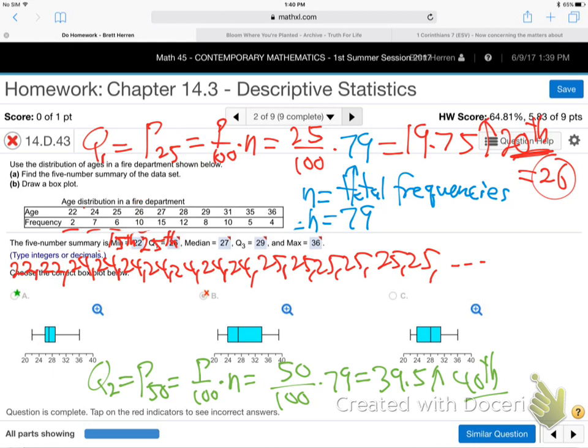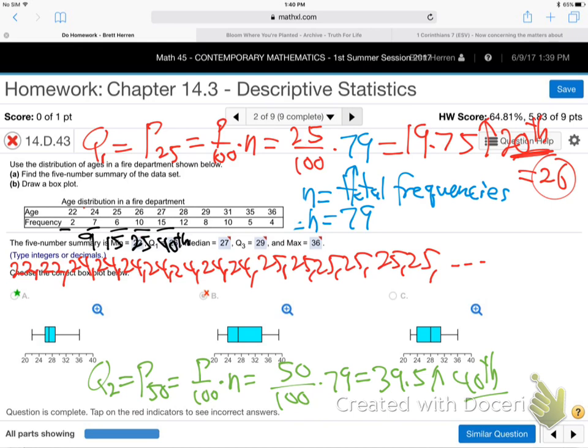Well, we go back to the frequency chart, right? You just add them as you go on the frequency chart. Here's 2, add 7, that's 9 numbers, add 6, that's 15 numbers, add 10, that's 25 numbers. Let me try that again. So 2, add 7, that's 9 numbers. Add 6, that's 15 numbers. Add 10, that's 25 numbers. Add 15, that's the 40th number. There we go.